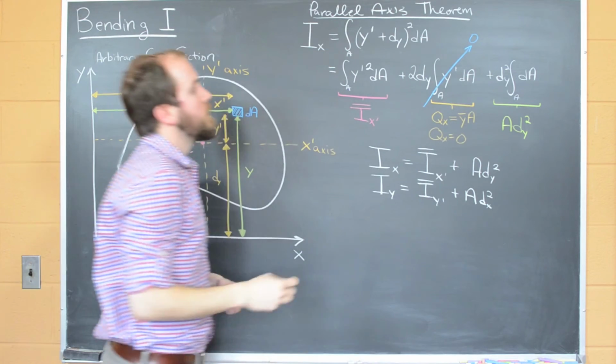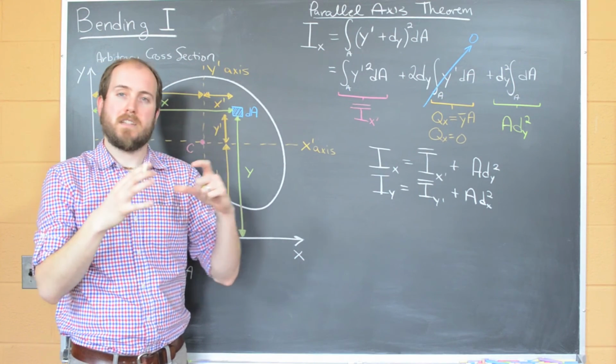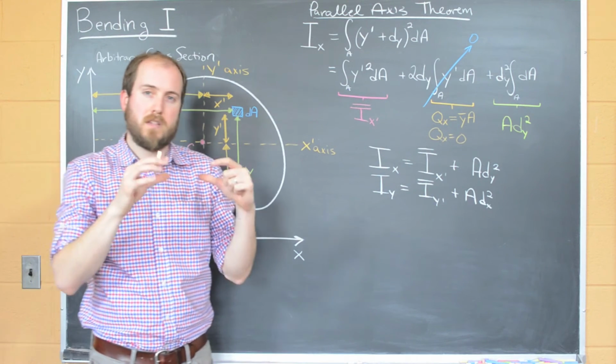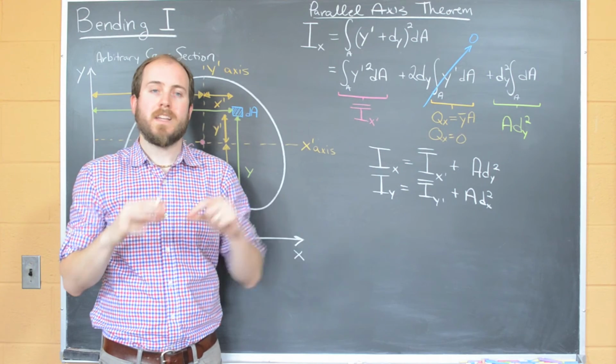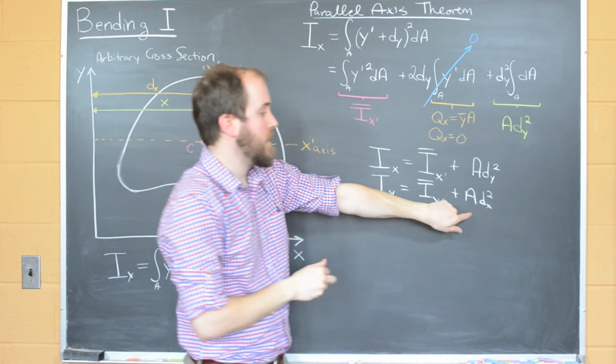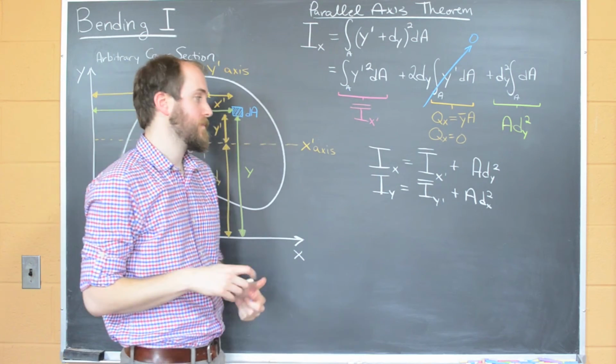It'll become very useful when we have to calculate the second moment of area for, say, composite structures. What we're gonna do is essentially break up these structures into different elements, calculate the second moment of area about those elements, and then we have to account for the distance of those elements away from the total area's cross-section.